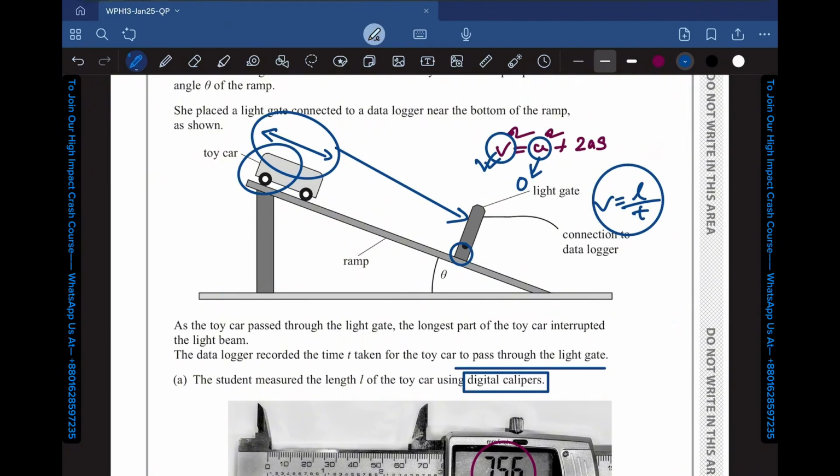Now it remains only the displacement. The displacement will be the displacement from the starting point to the light gate. This will be our displacement because this is the only position where it will accelerate, because at the bottom there is no more acceleration. Using all of these we can easily figure out our acceleration value, right?